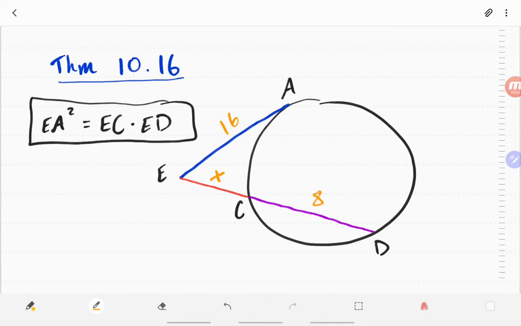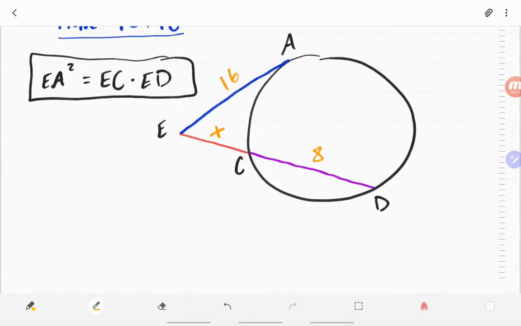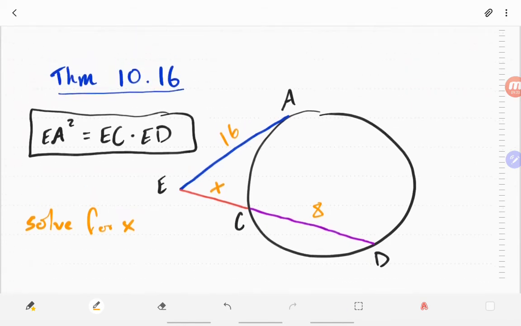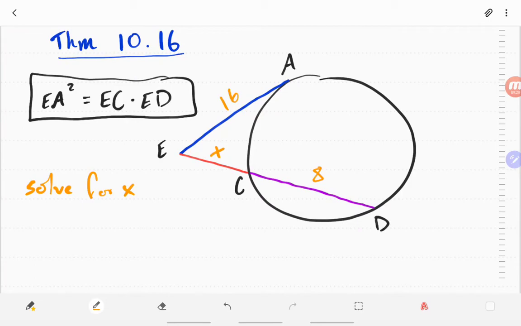Now, I know this is not to scale, but bear with me. So I've got EA, I've got EC, I've got ED here. And let's solve this for X. Okay, so utilizing theorem 10.16, let's set this up.